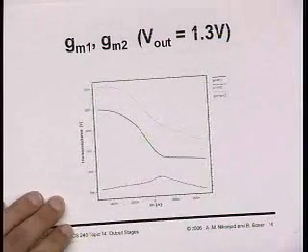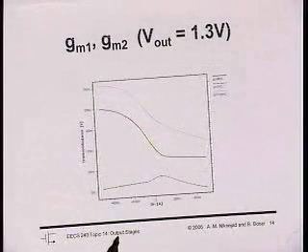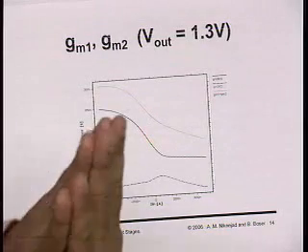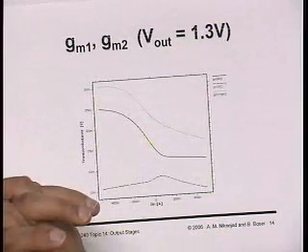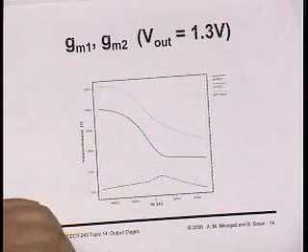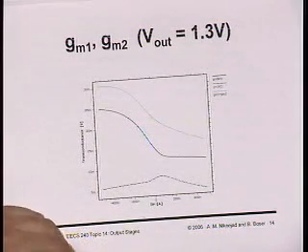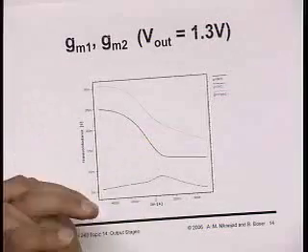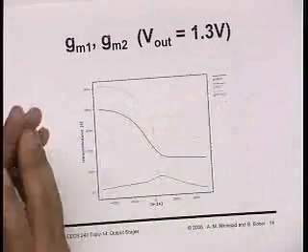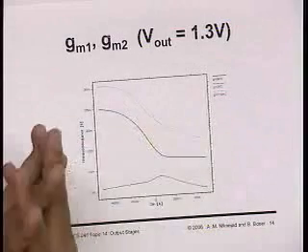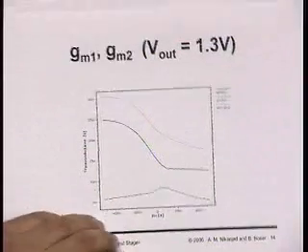So the lesson is that when you design a circuit, just make sure you test it under all the operating conditions. And that's actually, a couple lectures back I said what's really hard about analog design is the biasing. And by that I mean you have to really make sure that your circuit works under all possible bias conditions.